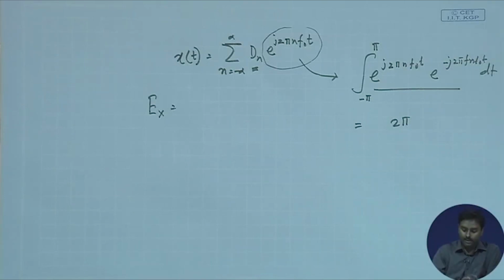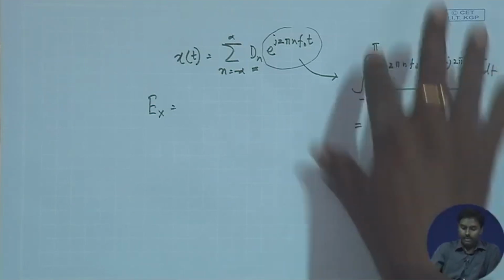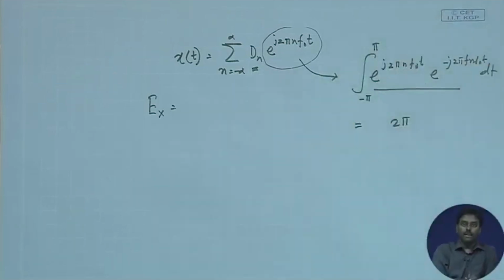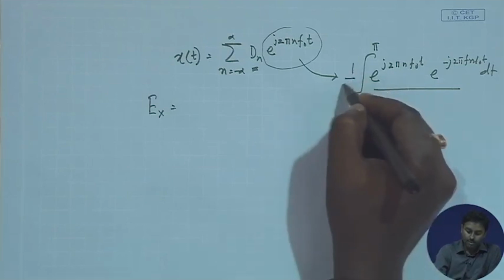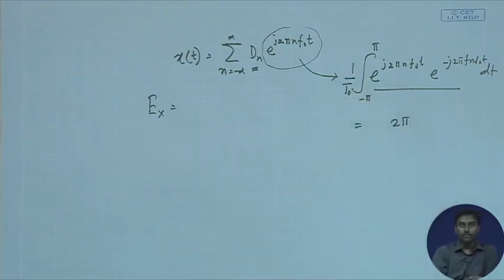So, if this is a particular signal and I wish to evaluate its energy, I can always evaluate it like this. And of course, whenever we are evaluating this energy, it also has 1 by T0, if you remember the way the signal has been evaluated. The corresponding Dn term will always have 1 by T0.